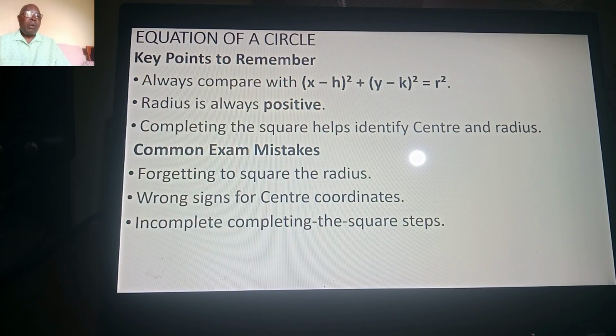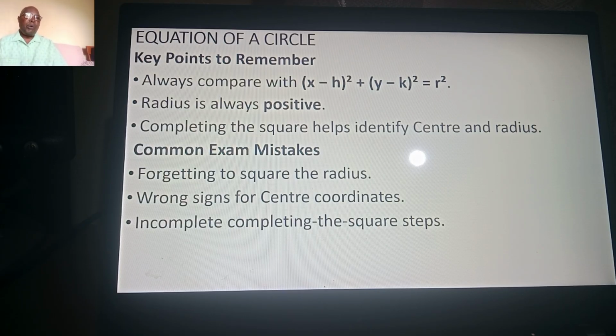Key points to remember. Always compare with x minus h squared plus y minus k squared equals r squared, where x and y and h and k are 2 points along the line we call the radius.